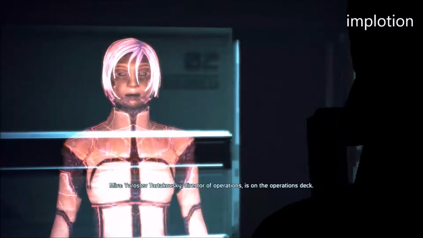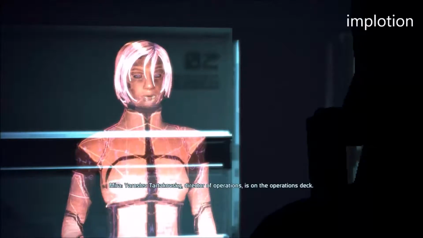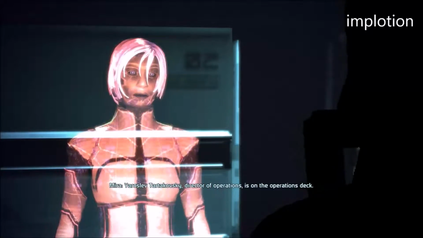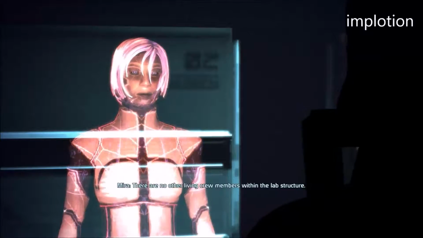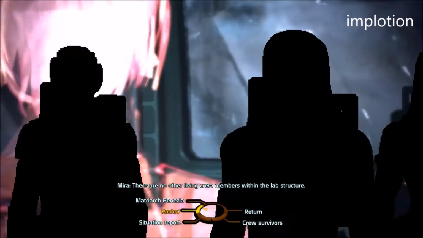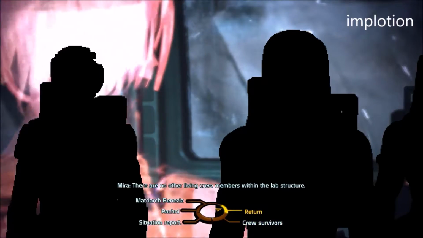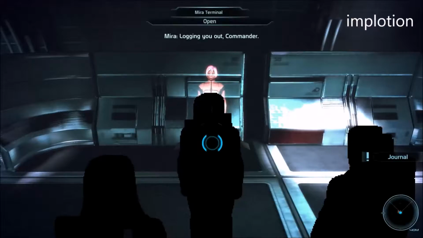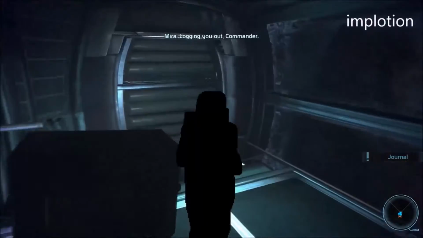Are there any survivors in here? Yaroslav Tartakovsky, Director of Operations, is on the operations deck. There are no other living crew members within the lab structure. We're moving on. Logging you out, Commander.